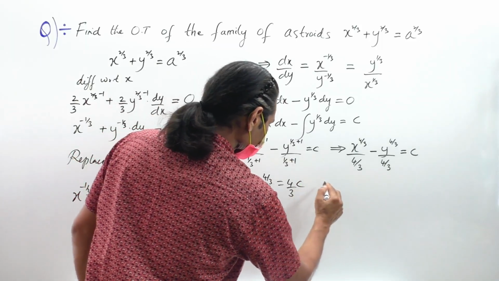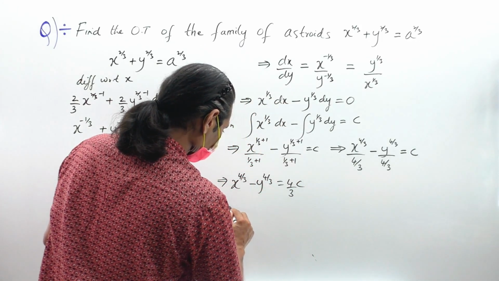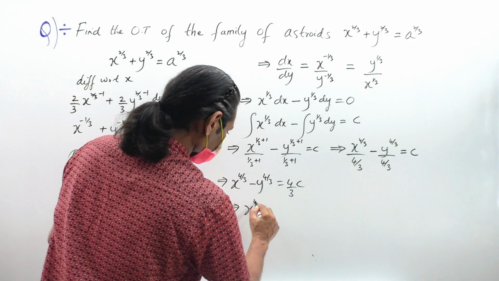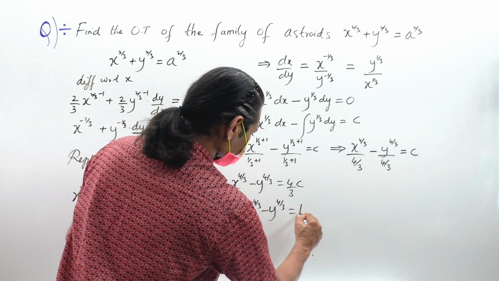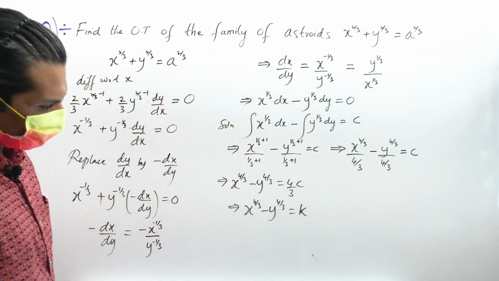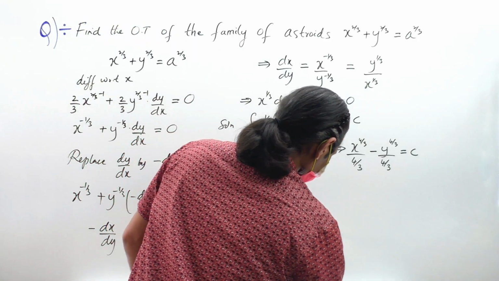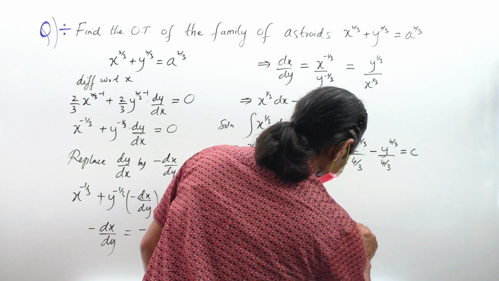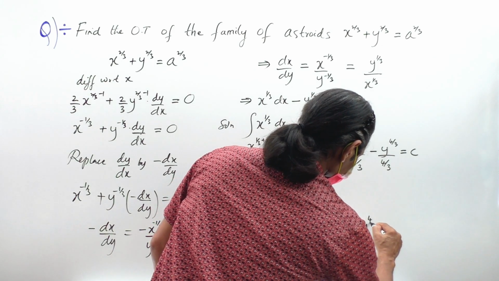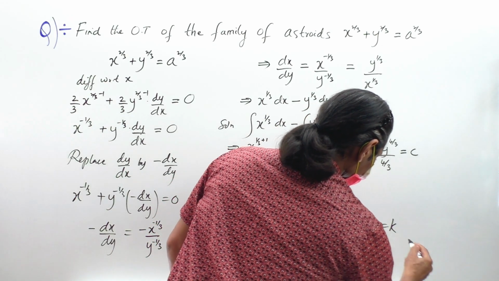So we can write x raised to 4 by 3 minus y raised to 4 by 3 is equal to, I take this as k. I think I'm done with the solution here. So the solution is x raised to 4 by 3 minus y raised to 4 by 3 is equal to k.